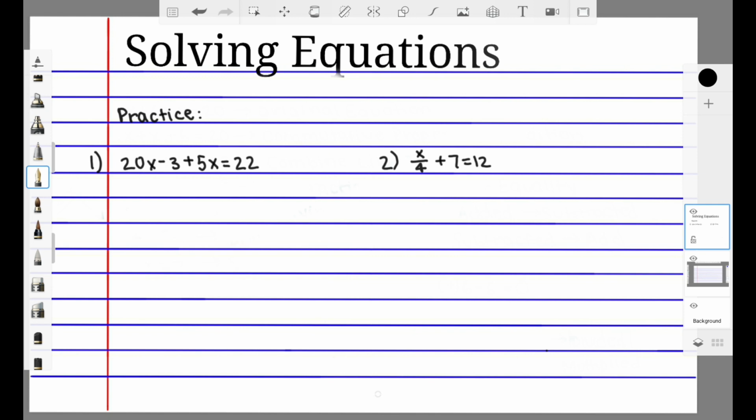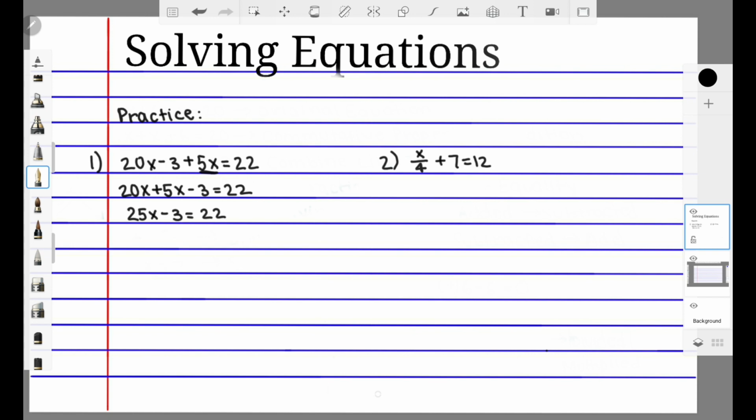Okay, now we can go over the answer. First, let's move the 5x next to this 20x by commutative property of addition, so that our equation now reads 20x plus 5x minus 3 equals 22. And now we can combine like terms. 25x minus 3 equals 22.